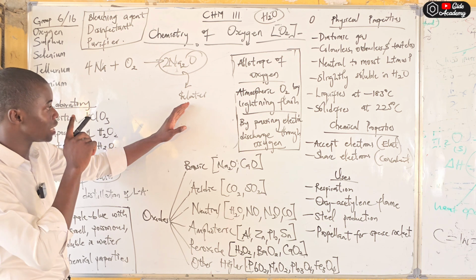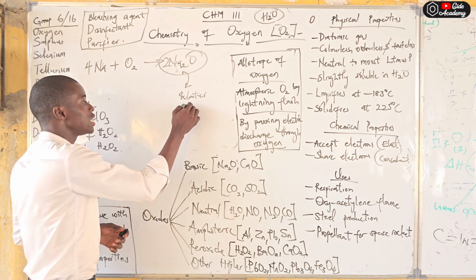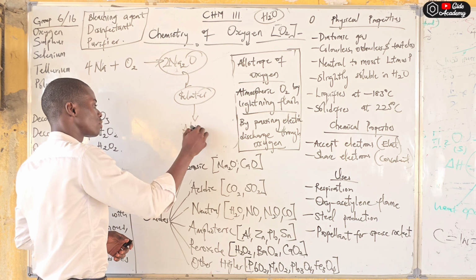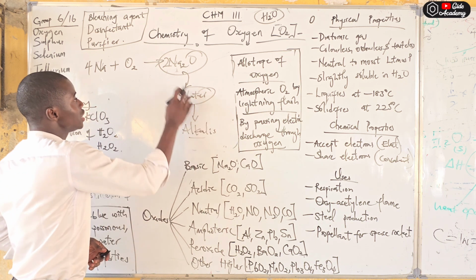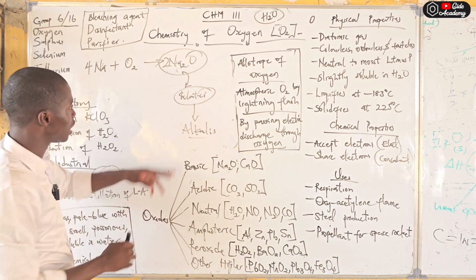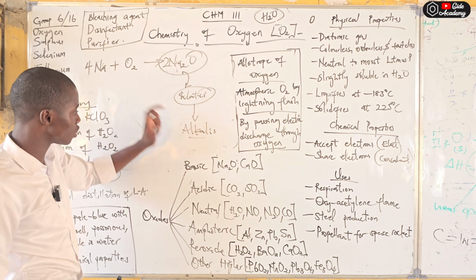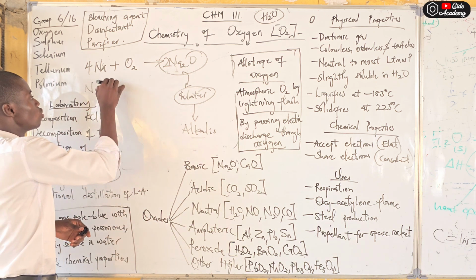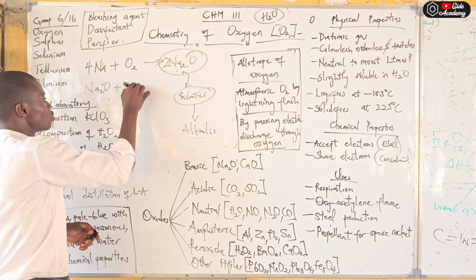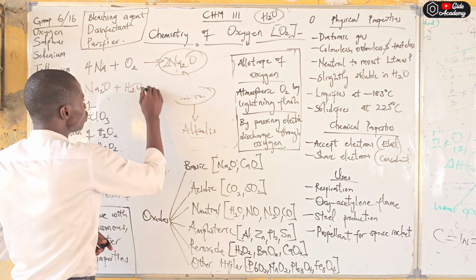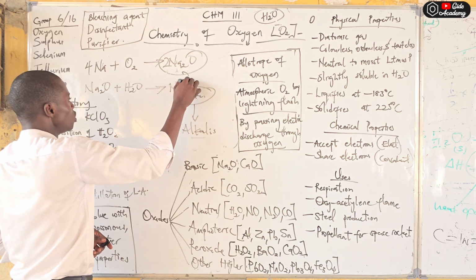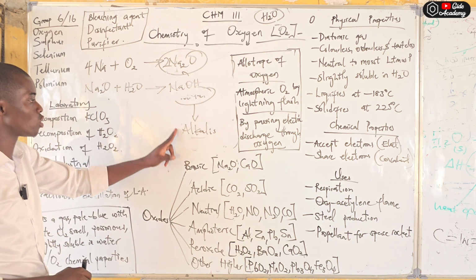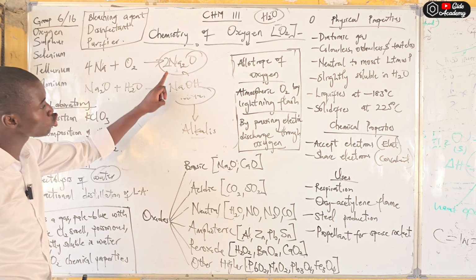When this basic oxide is soluble in water, it forms what we call alkalis. So this is a base, and when you dissolve this base in water, it is going to form alkalis. What I mean by that is Na2O plus H2O. At the end, what will be formed is NaOH, sodium hydroxide. And this sodium hydroxide is referred to as an alkali, because it's a soluble base.